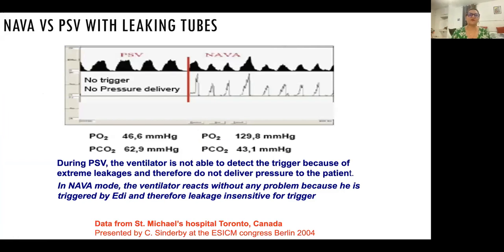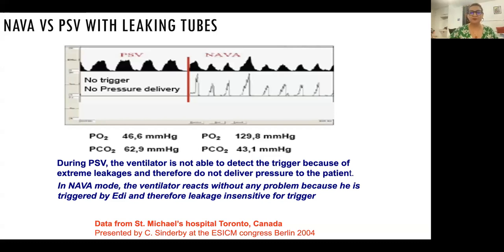Now, supposing we want to compare NAVA versus pressure support ventilation, especially when we are using leaking tubes. When you are using a leaking tube, because of the leak there may be no trigger. When there is no trigger, there is no delivery of pressure to the patient. However, in NAVA, there is nothing related to the leak, because that's not the trigger asking the ventilator to give the breaths.